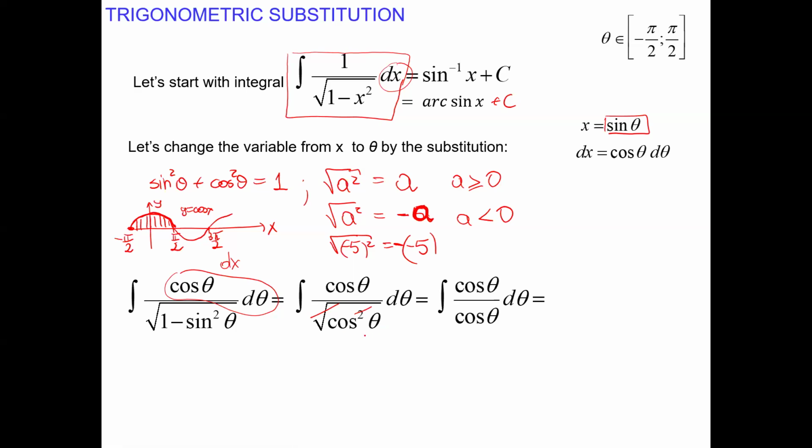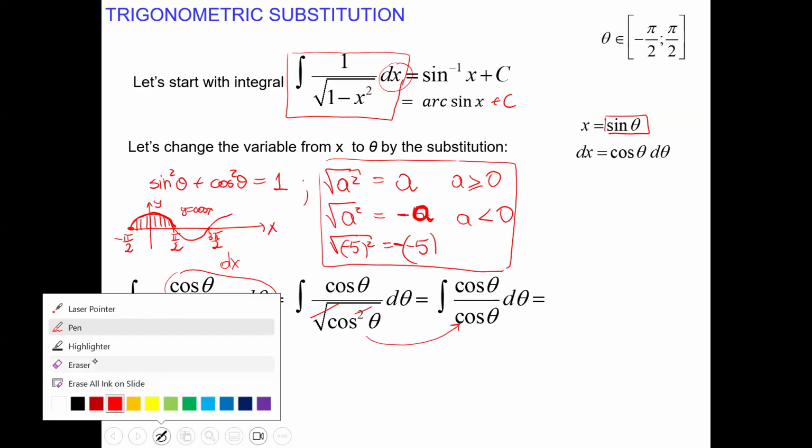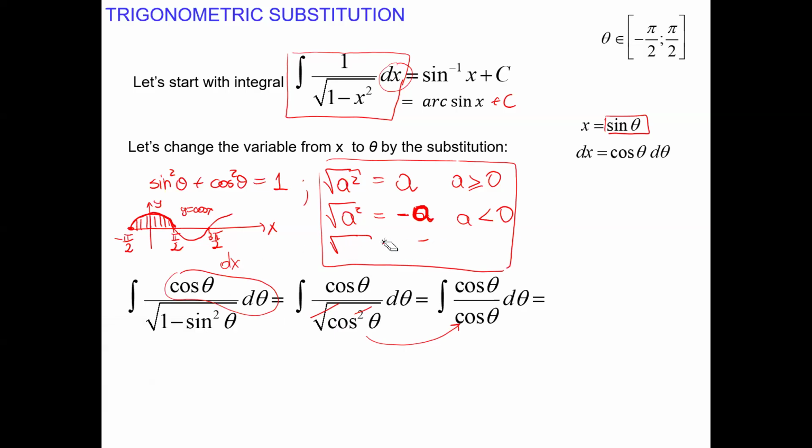That means cosine is positive, and we may simplify like this without any negative values or absolute value. Because in general, if we have a squared, the square root gives a, but always positive, which is for all real numbers. Okay, but let's come back to the substitution.